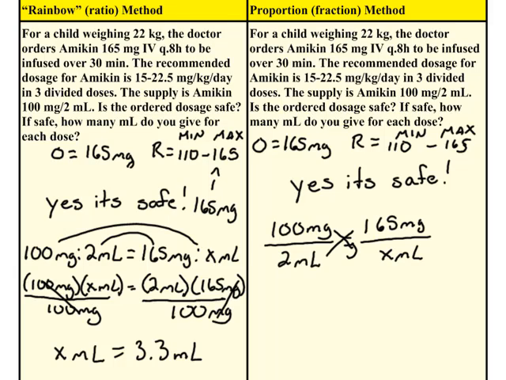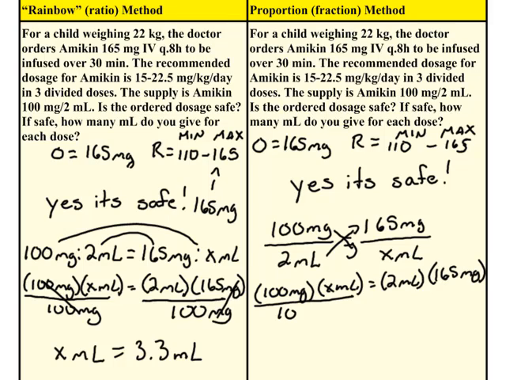We can cross-multiply to find this out. 100 milligrams times X mLs equals 2 mLs times 165 milligrams. In order to get X by itself, we need to divide both sides by 100 milligrams. In doing so, we get X by itself, and we discover we can give 3.3 milliliters.